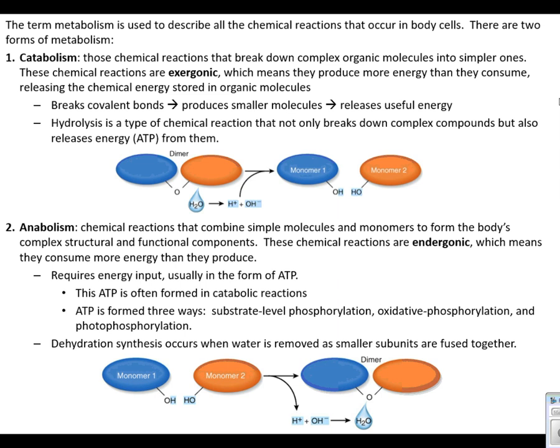Okay. So I always think exer begins with EX, just like exit, and release and exit can be thought of as the same thing. We're releasing energy, which is useful to us. So what we're going to spend the majority of our lecture talking about is the catabolic reactions of glucose breakdown, and therefore releasing ATP from it.